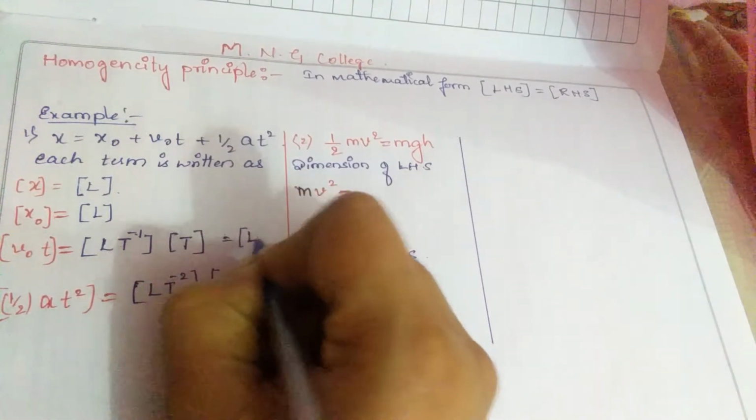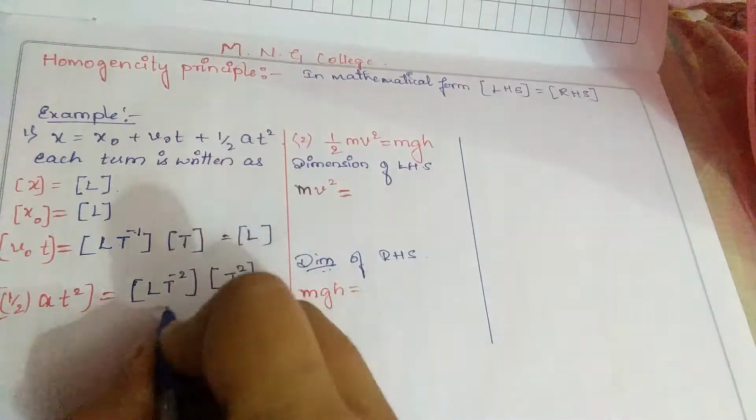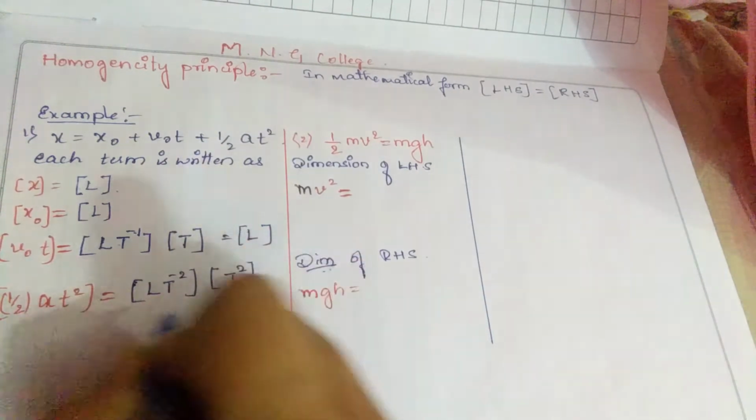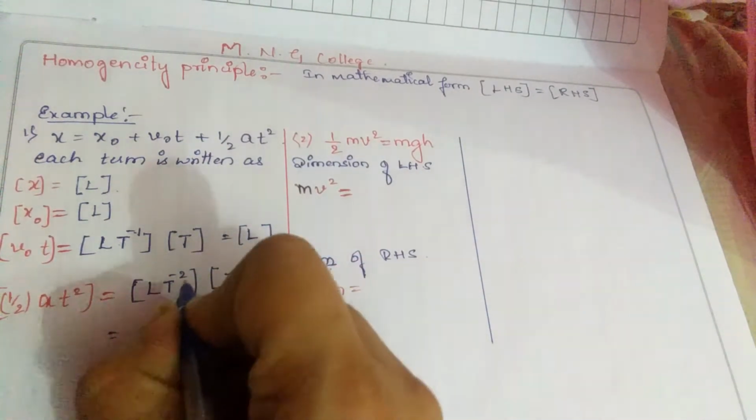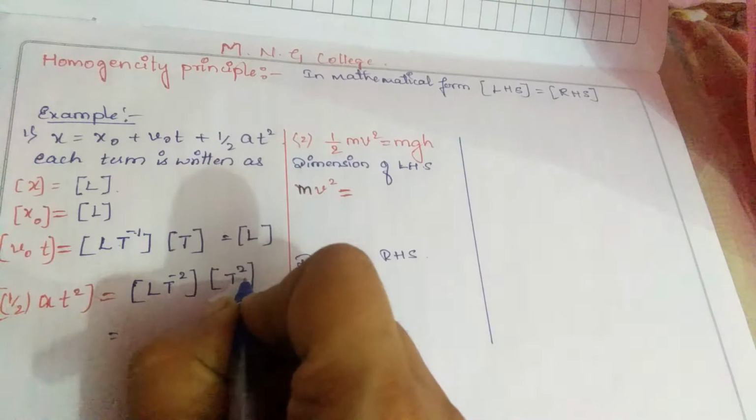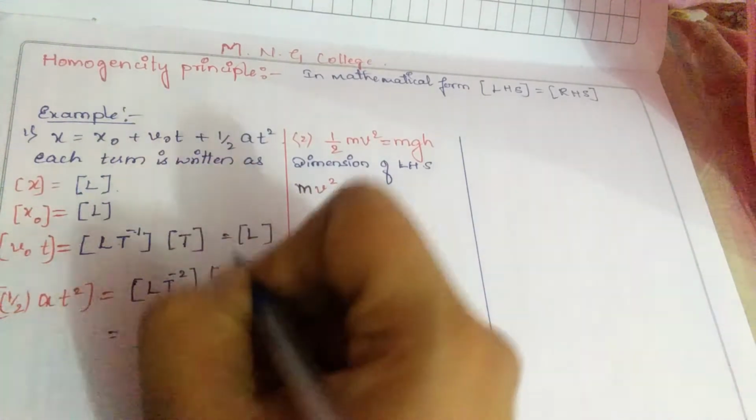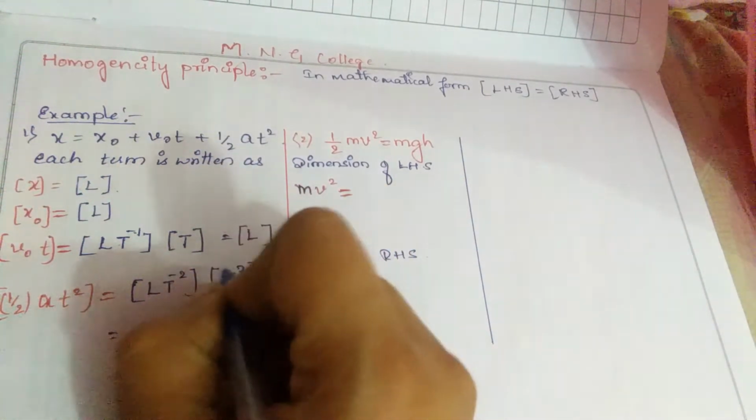Finally we have L. Here also T and T get cancelled. If the dimensions are the same, then only we can add or subtract those terms.